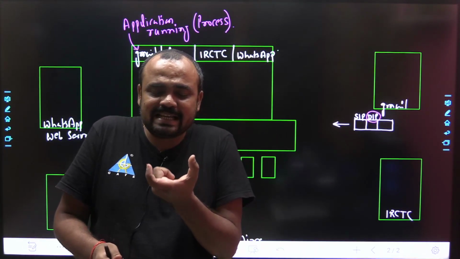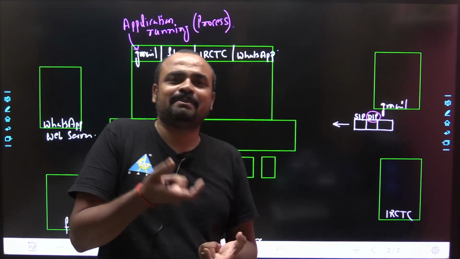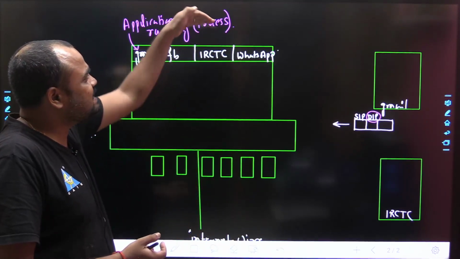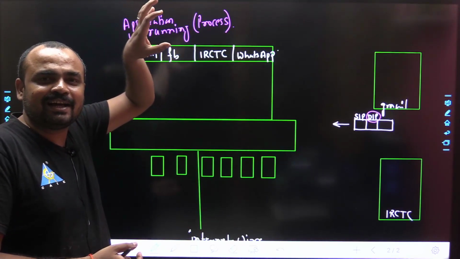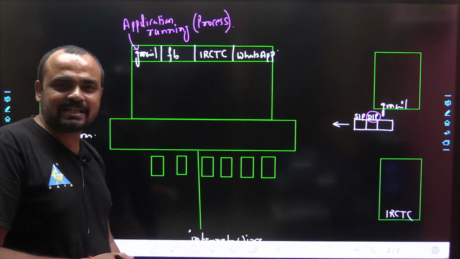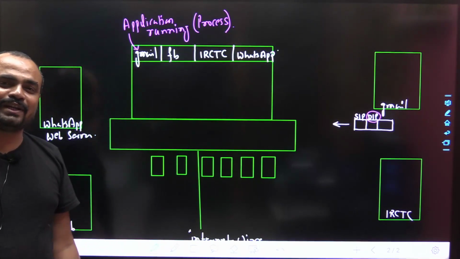So scripting code in running mode, that is, code in execution, is basically called a process. So all these applications, simply, are processes. Are you getting my point or not? Is that clear? Everyone, please say honestly.